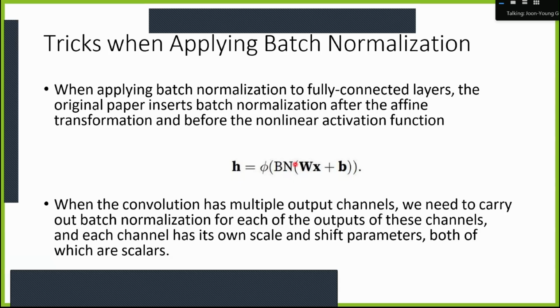Now the question would be where exactly this batch normalization should be applied. The paper that introduced this applied it to the pre-activation value, which is the weighted sum added by the bias term.